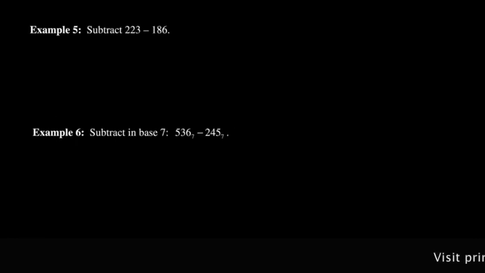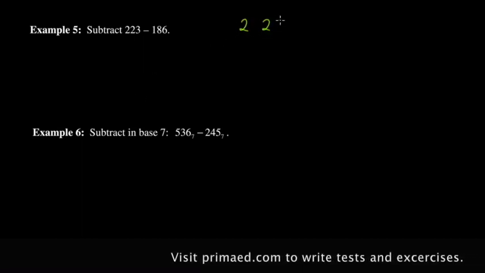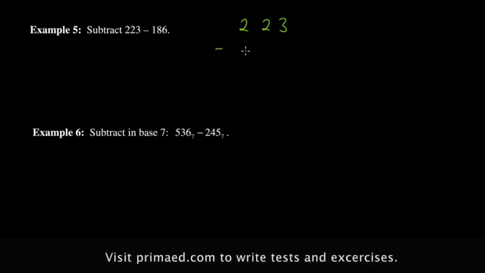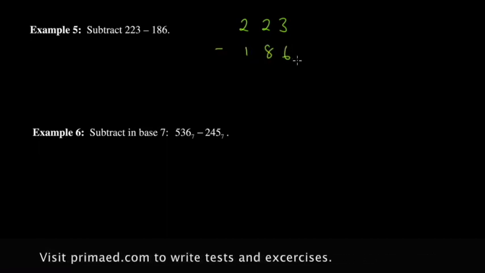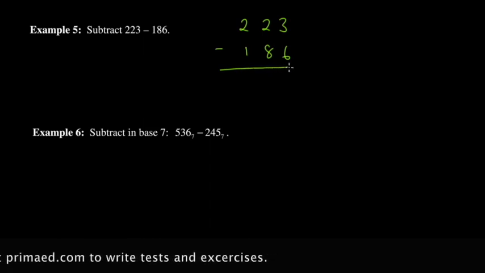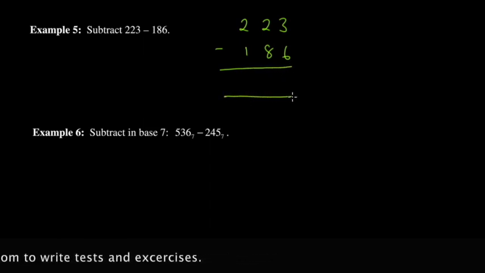So let's quickly move to subtraction. Subtraction of number bases. Again, you already know this. Where am I getting this from? I'll prove it to you. Here you're saying 223 minus 186, primary school stuff. If you needed to subtract this, what would you do? You'd say 3 minus 6.